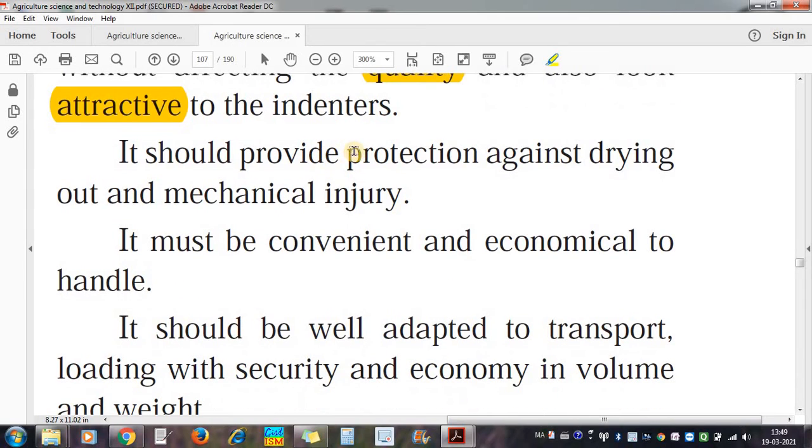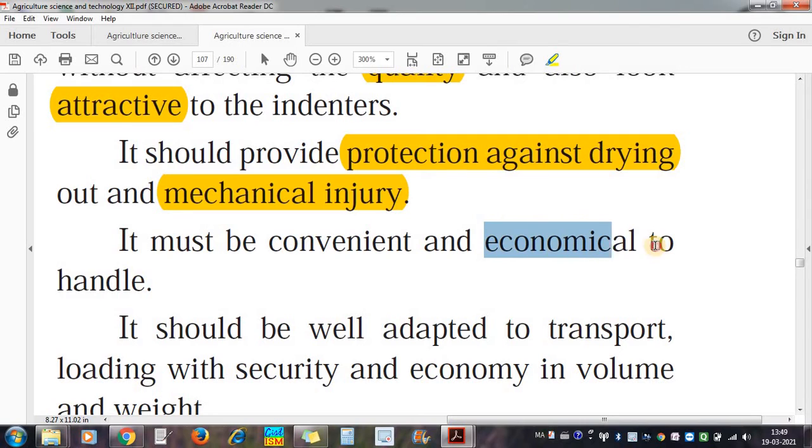It should also give protection against drying. There should be no mechanical injury. Sometimes during transport the twigs, buds, flowers or roots may get damaged or broken, and that will be of no use to the customers. So it should be economical to handle.